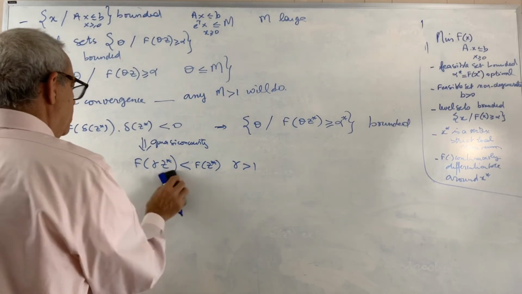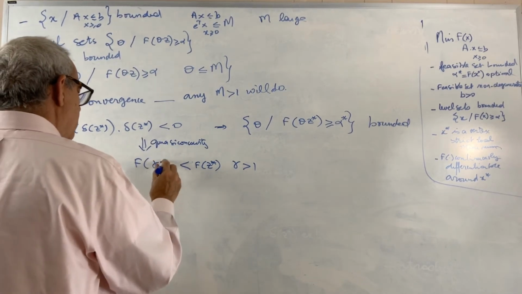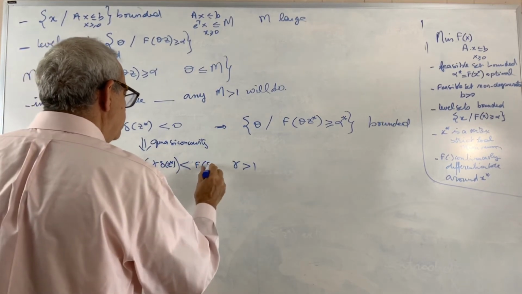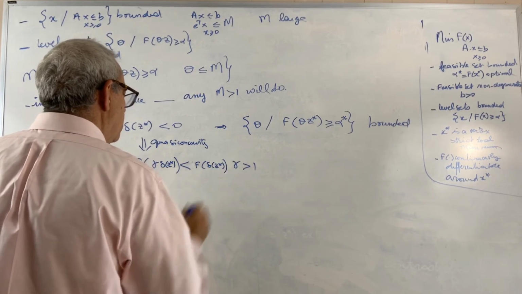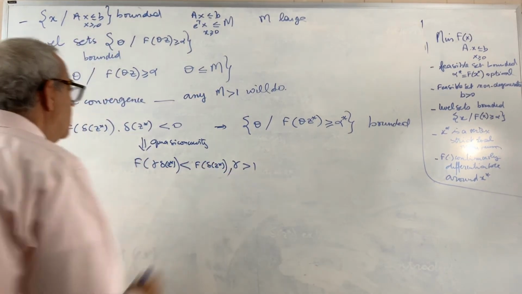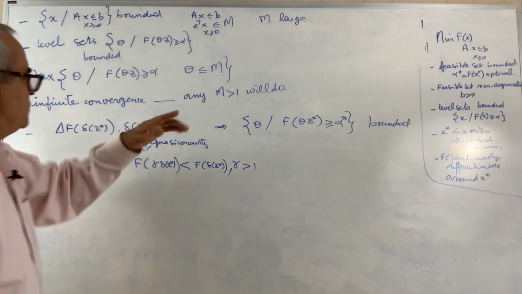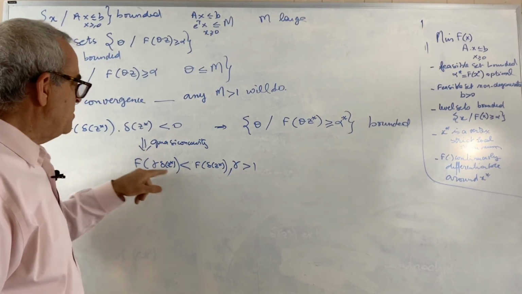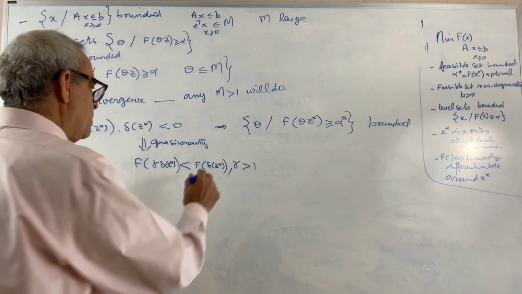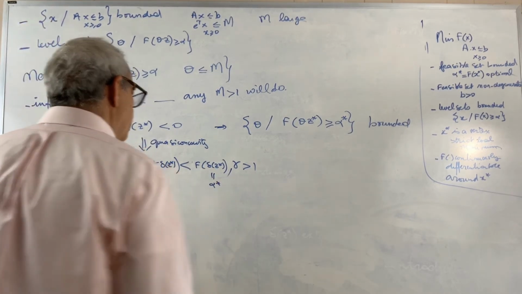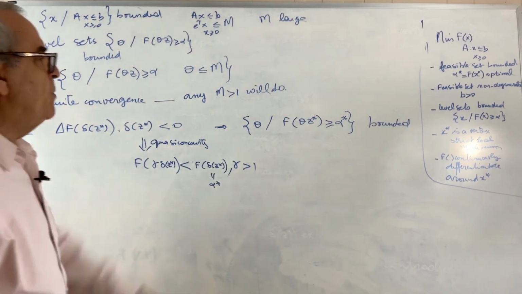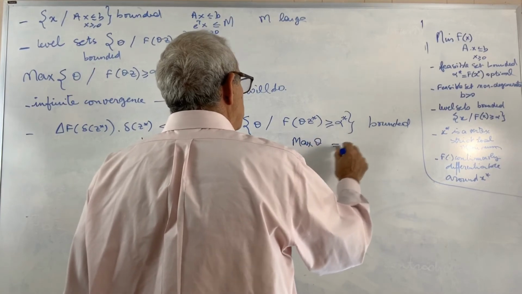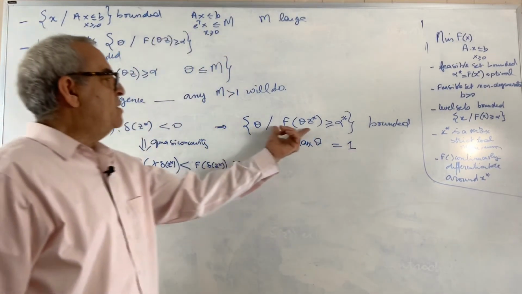I'm sorry, this should be delta Z star. Because in the direction of delta Z star is a descent direction. And therefore, F of gamma delta Z star is less than F of delta Z star, which is equal to alpha star, for gamma bigger than 1. So therefore, the maximum is equal to 1 in this case. So this set is bounded.